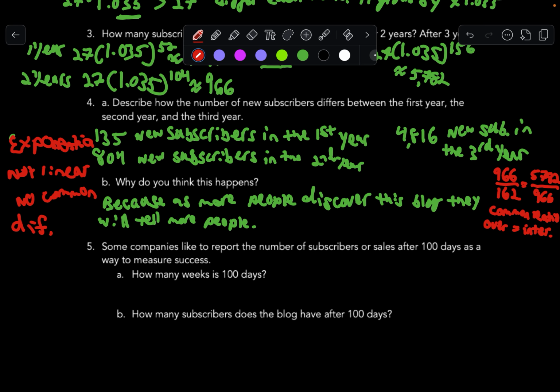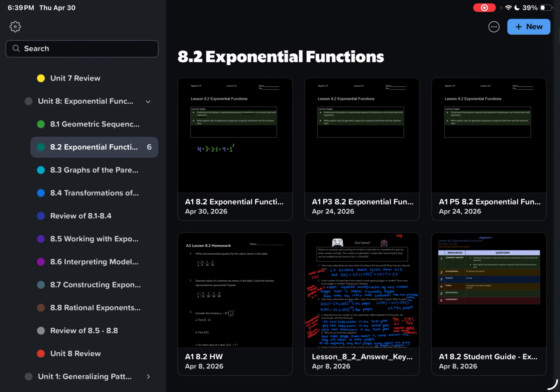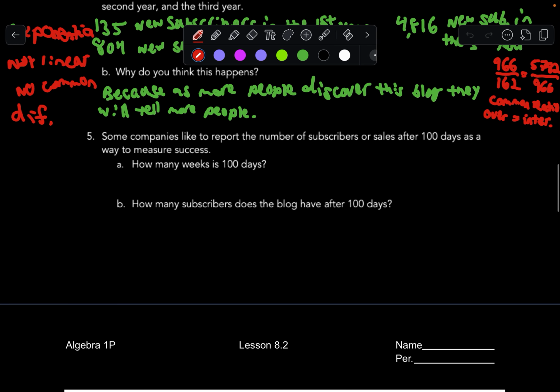Now, some companies like to report the number of subscribers or sales after 100 days as a way to measure success. It's a common number that companies look at. So how many weeks? Because remember, T is in weeks.